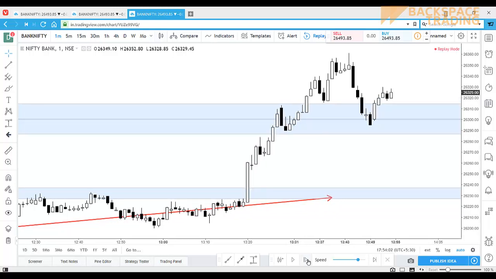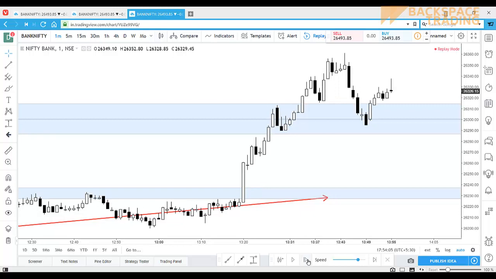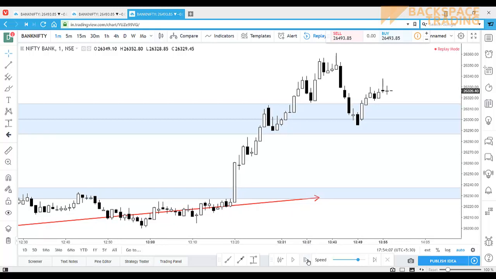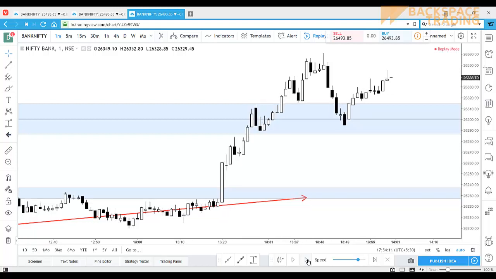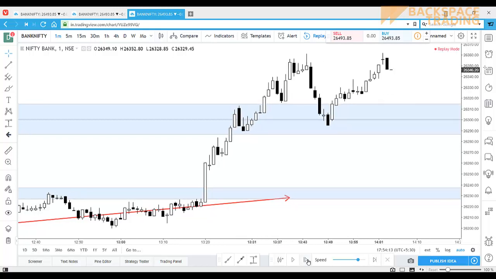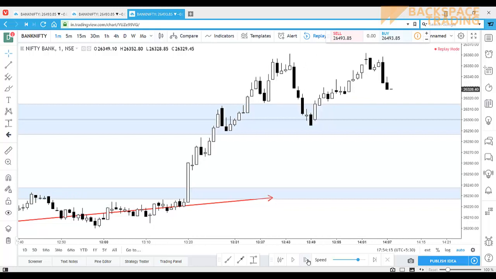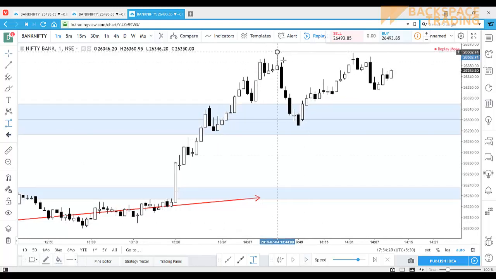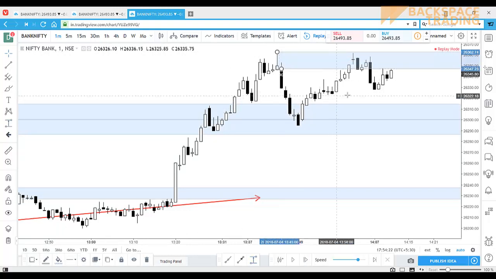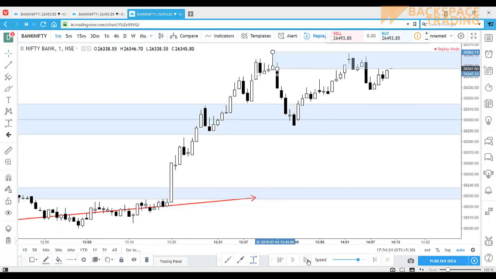You are still negative. Candle is being printed and you are positive now. This is the second time this is getting tested, which means there can be a push again.